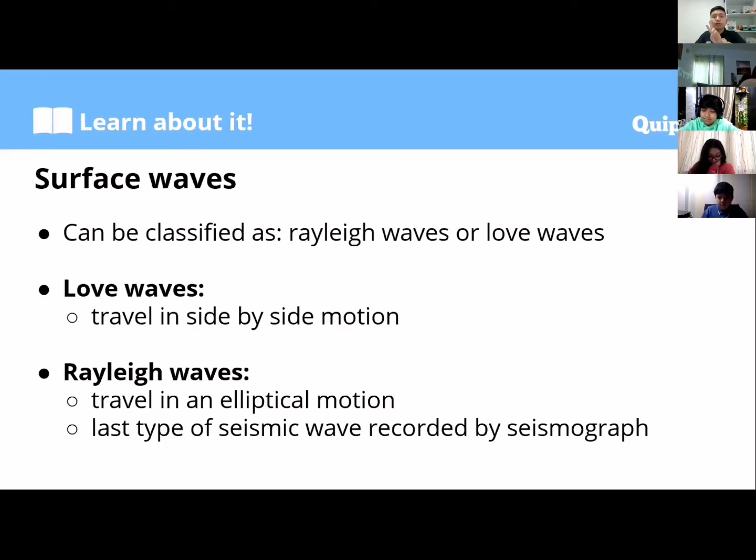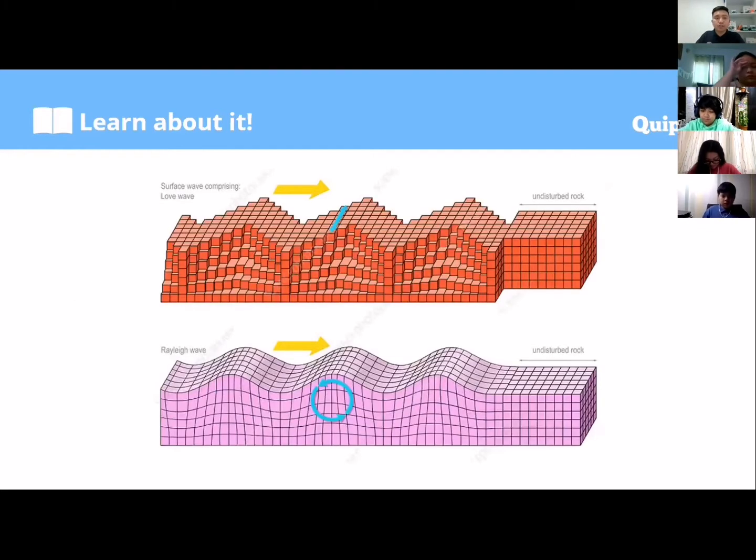So we also have two types of surface waves. We have the Rayleigh waves and we have the Love waves. For Love waves, it travel in side-by-side motion. And then for the Rayleigh waves, travel in an elliptical motion. So tingnan natin sa next slide yung illustration. Tingnan nyo dito. This is the Love wave. And this is the Rayleigh wave.